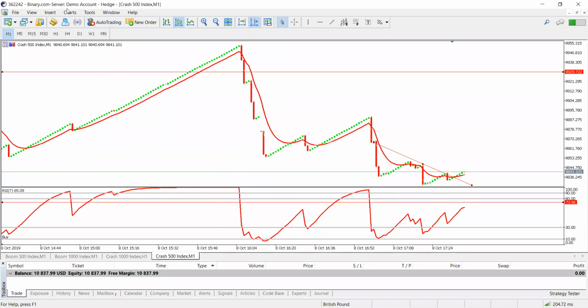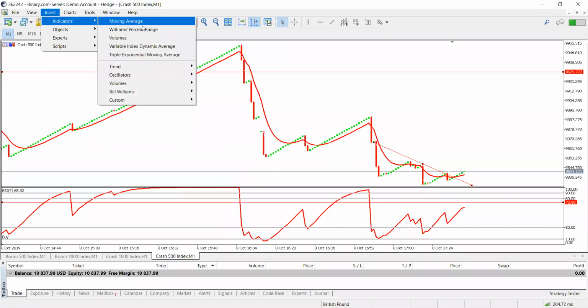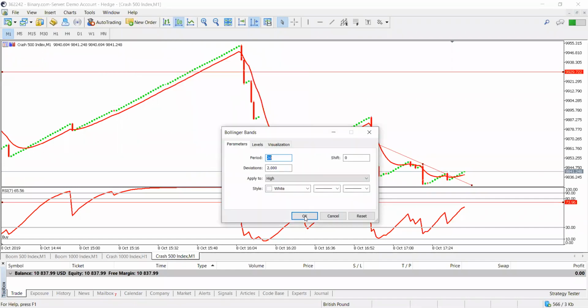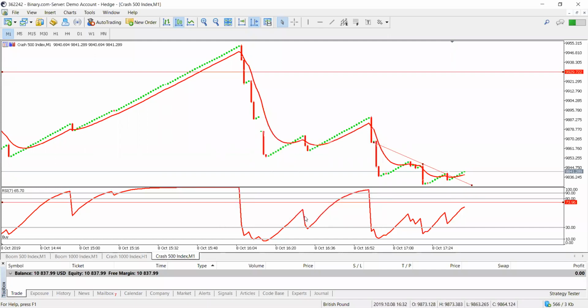We don't have all the time, unfortunately. Where is the Bollinger Bands? Right, here. Then you say, okay, how? Still, it's not going into my chart. Okay, I don't have a reason why it's doing that.